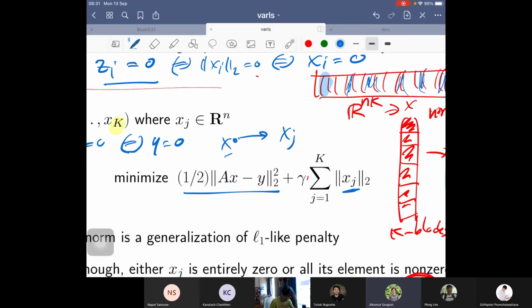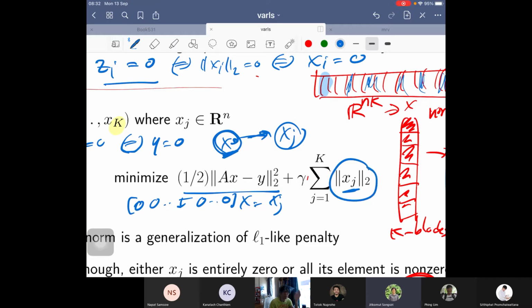If you map the whole vector X into the j-th block of X, that's an affine transformation, because you just multiply a matrix with X to get Xj. When you take the two norm, it is just a norm, and any norm is a convex function.